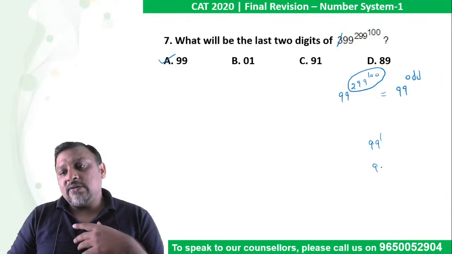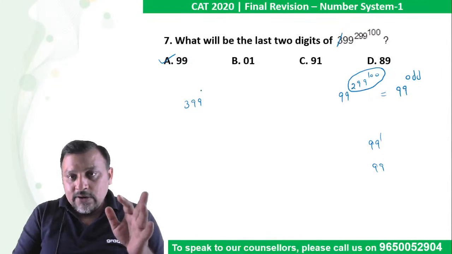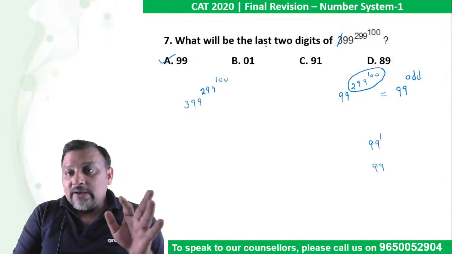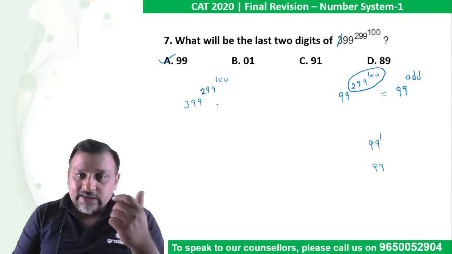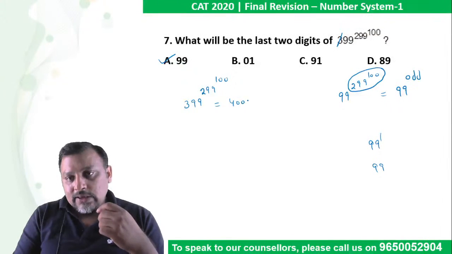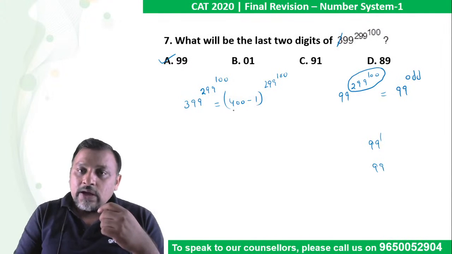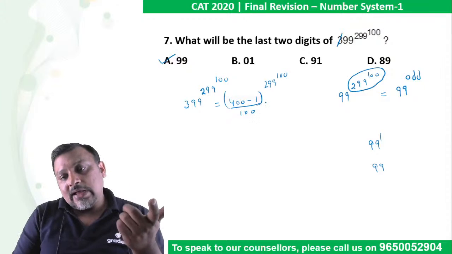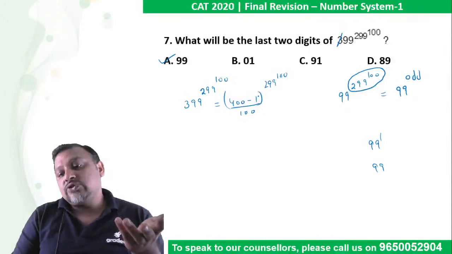You can check it. The conventional method is, if I need to find the last 2 digits, I can divide the number by 100. The remainder obtained here is the same as the last 2 digits.